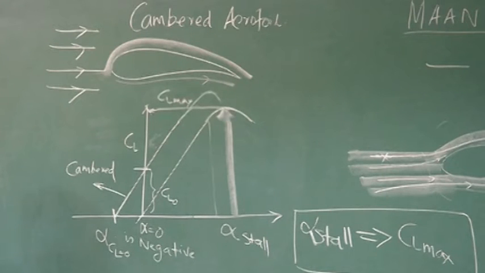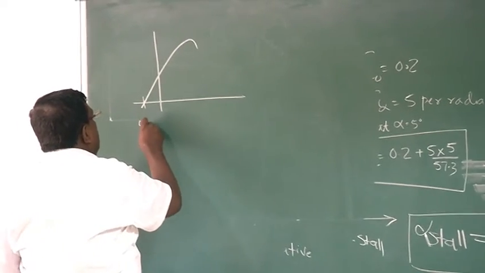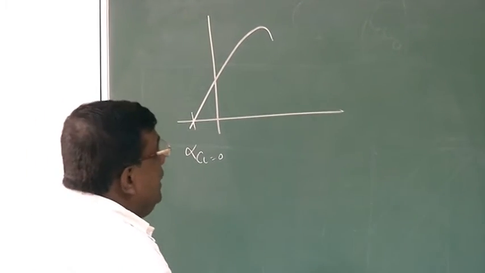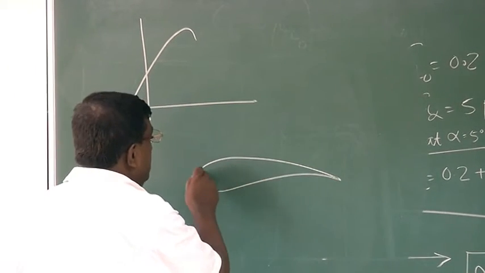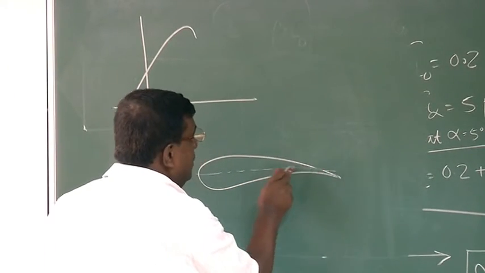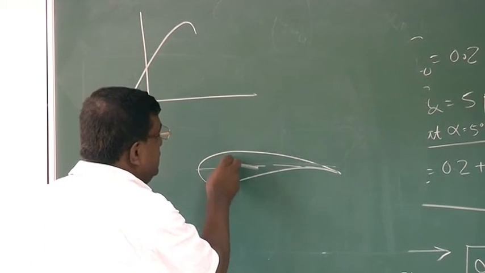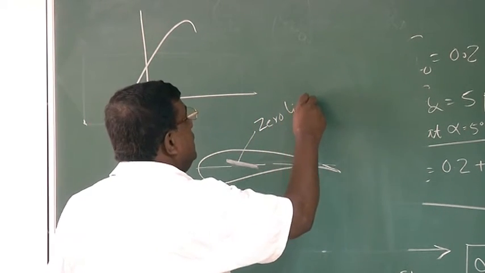The alpha stall reduces. So although we are getting this CL more, however, alpha stall will reduce. If this is a cambered aerofoil and this is alpha for CL equal to 0, which is negative, and if I draw a cambered aerofoil, I know there is a zero lift line, that is, this is called zero lift line.